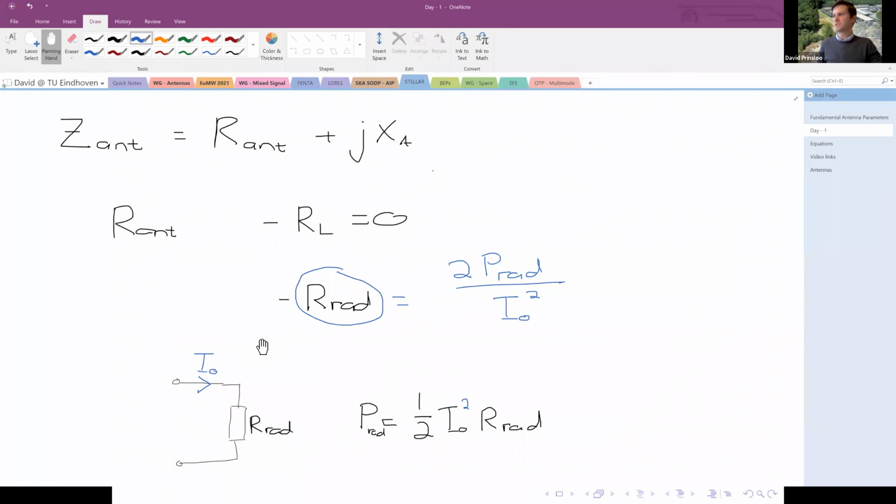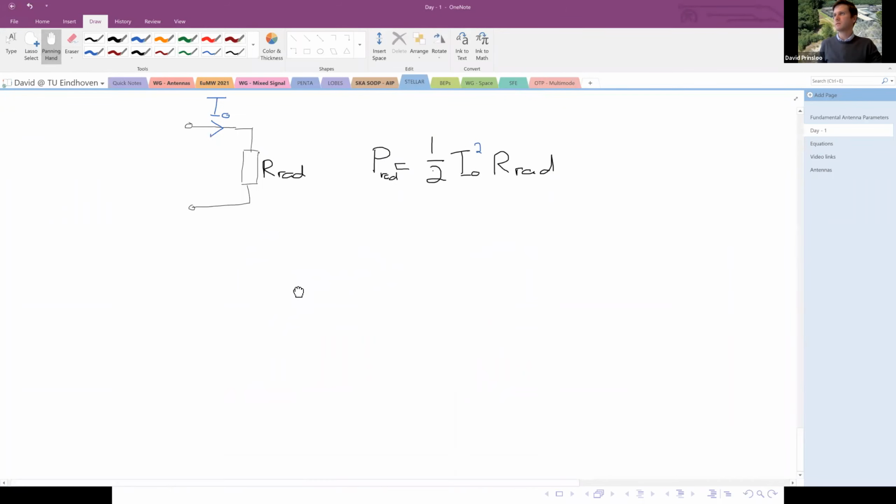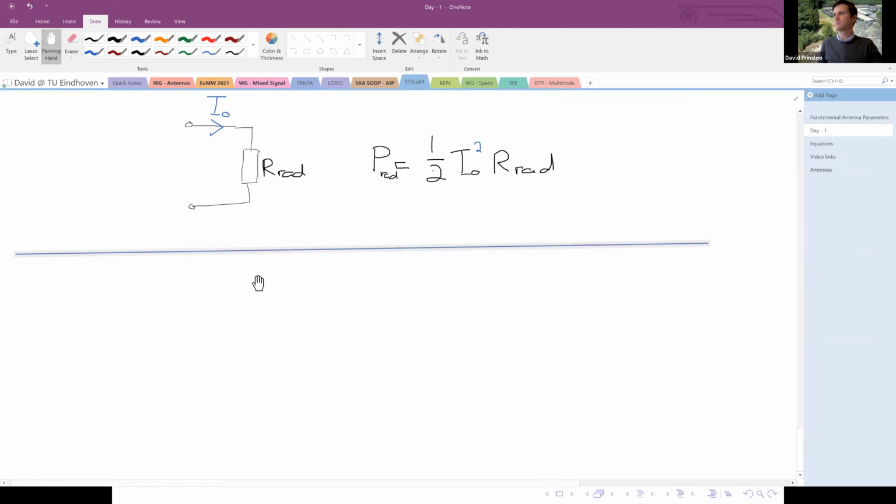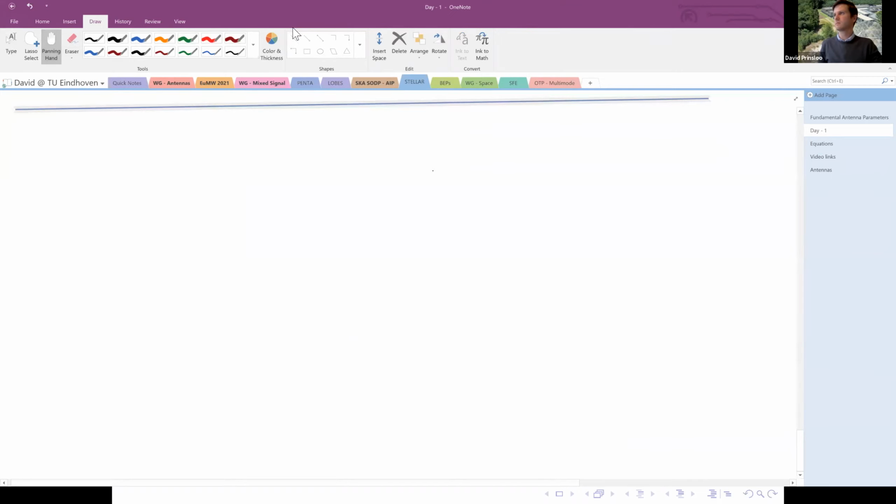I'll just do this in Cartesian coordinates. So along this axis, I've got theta scanning.